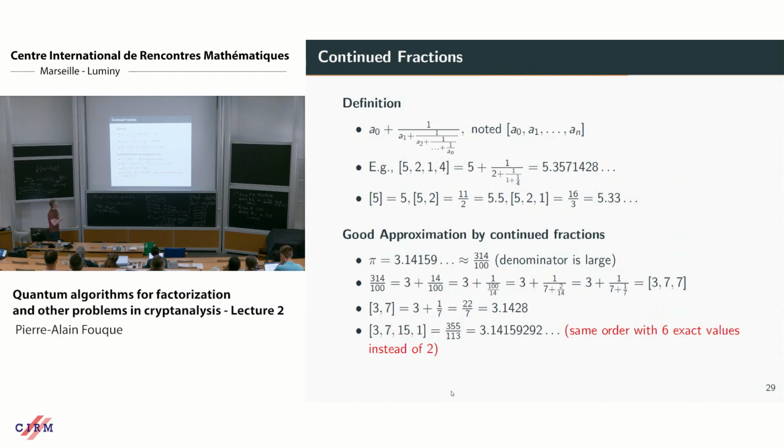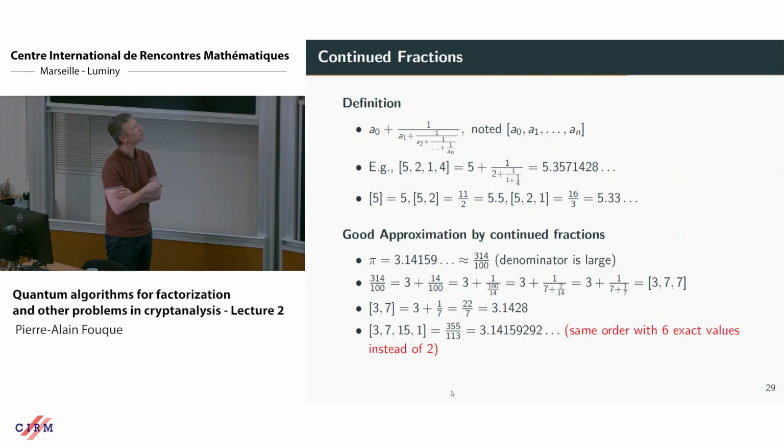Okay, but this is a fraction, and you can try to decompose it into this continued fraction, and you will see that, in fact, you will get this set of these sequences. And if I take only the two first terms, so you have 3, because the integral part of pi is 3, and then I have 1 over 7.